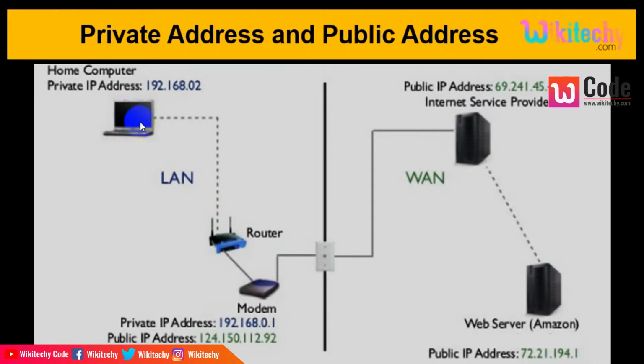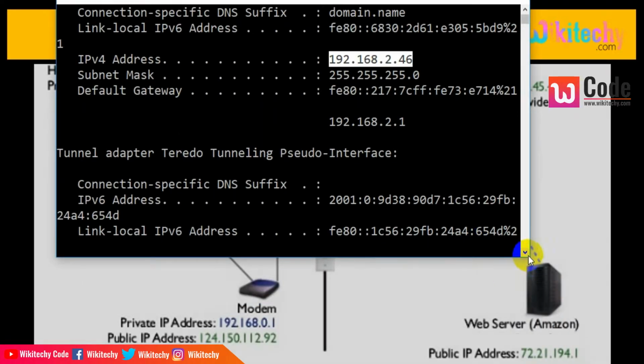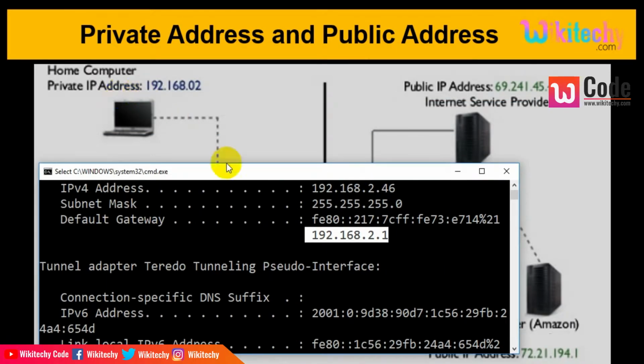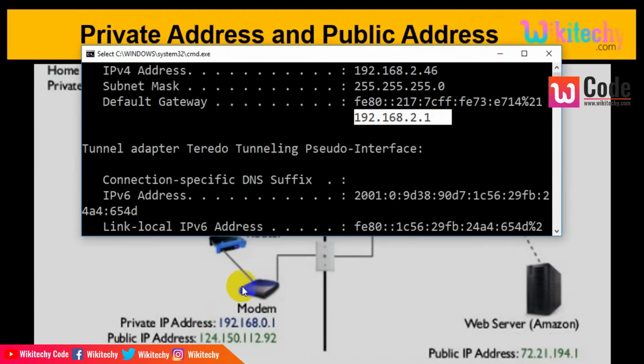I've got my computer which is connected to the LAN, and I've got the router or modem. The router's private IP address is this one. You are able to see it here. This is my computer's private IP address, and this is my router's IP address.